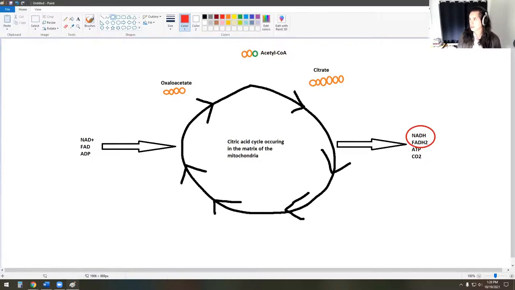What becomes oxidized and fed back into glycolysis? This is during fermentation, not in the mitochondria, sorry, in the cytoplasm of the cell.